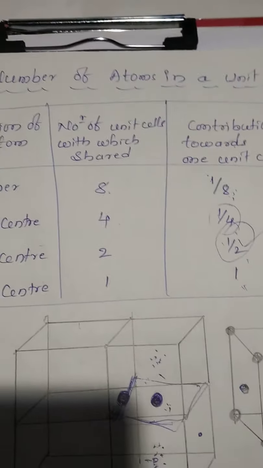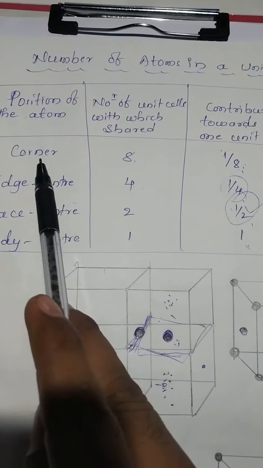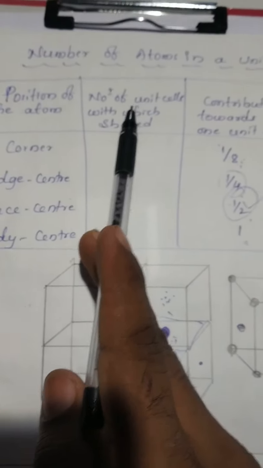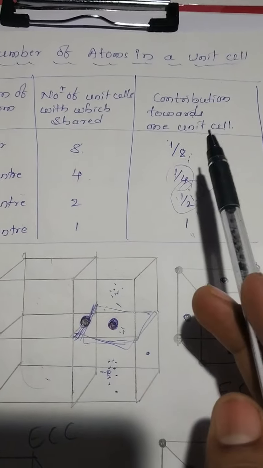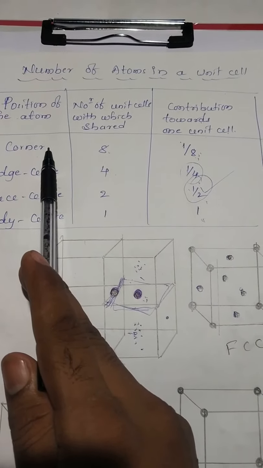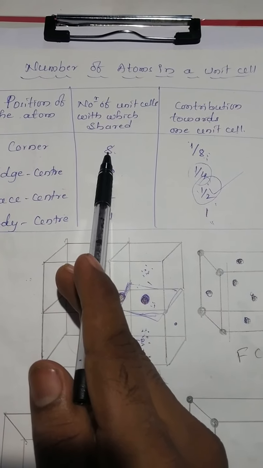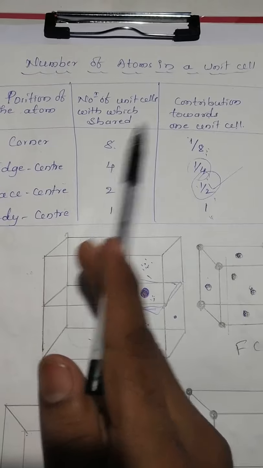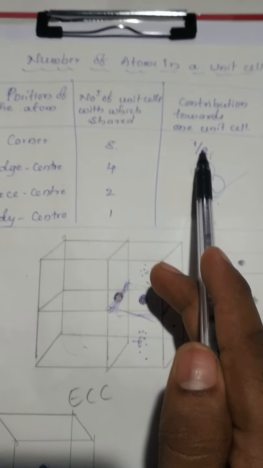Just see here first: the position of the atom, the number of unit cells with which it is shared, and the contribution towards one unit cell. Corner atom: it is shared by 8 unit cells, hence the contribution of a corner atom towards one unit cell is 1 by 8.